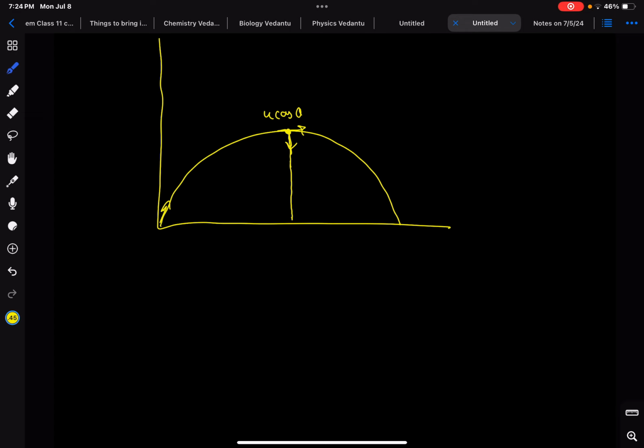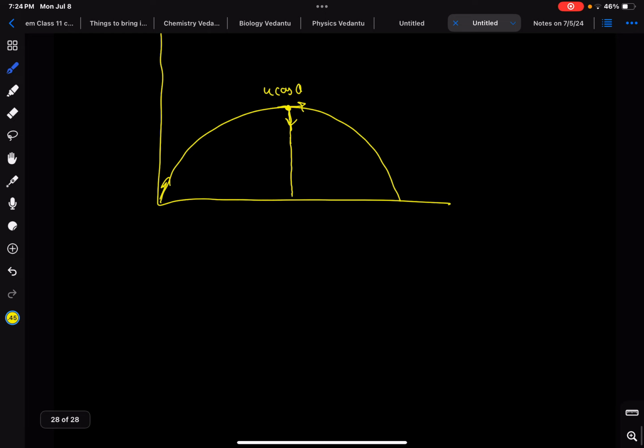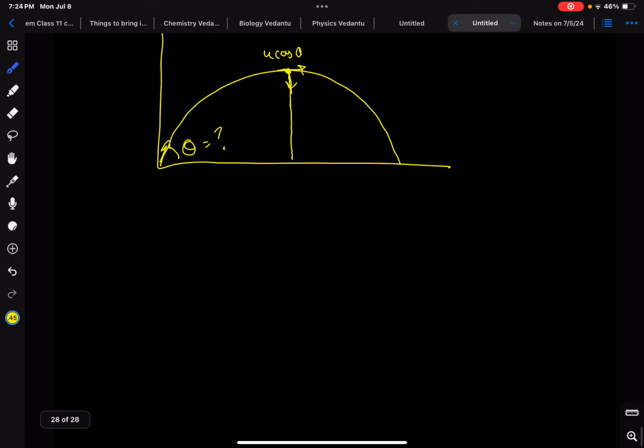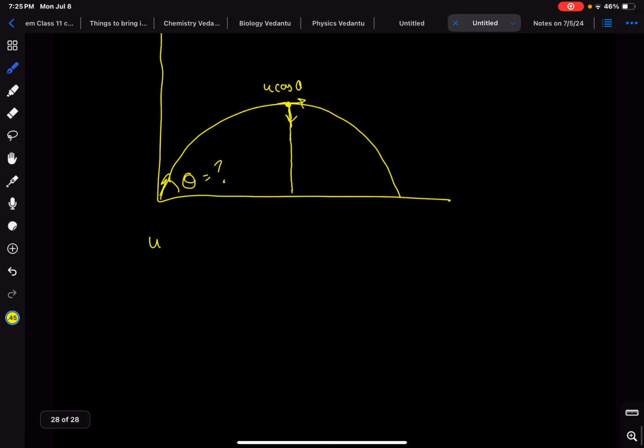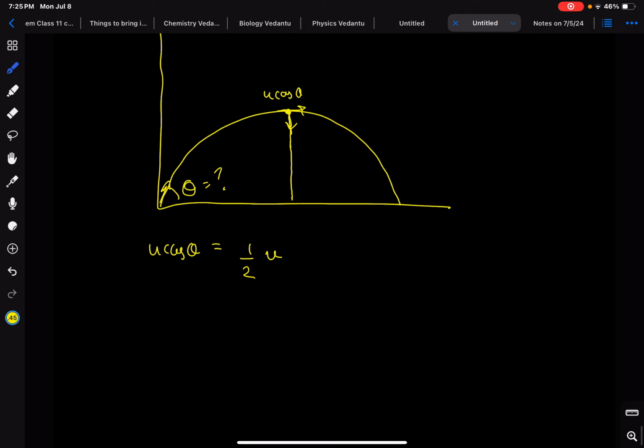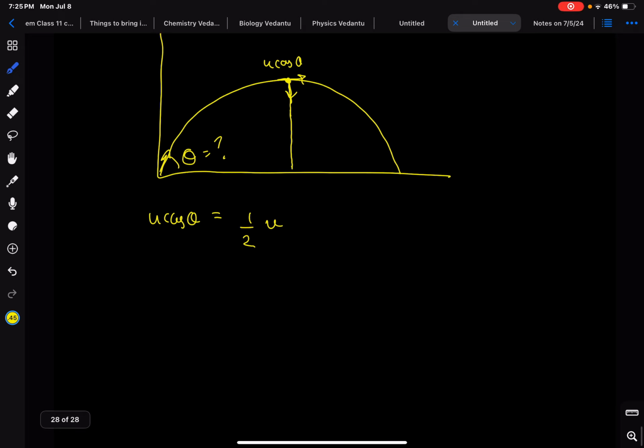Alright, so now let's take an example. The speed of a ball at the highest point is half of the initial velocity at which the ball was thrown. That means u cos theta, which is the speed at the highest point, is equal to half times the initial velocity u at which the ball was thrown.